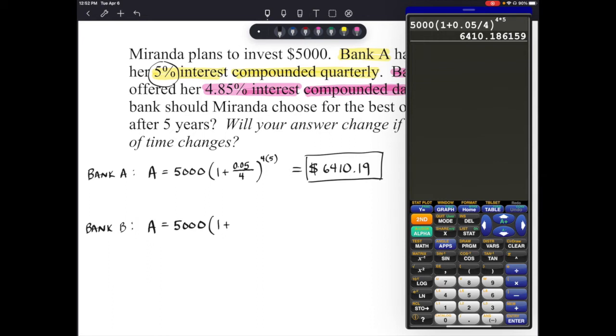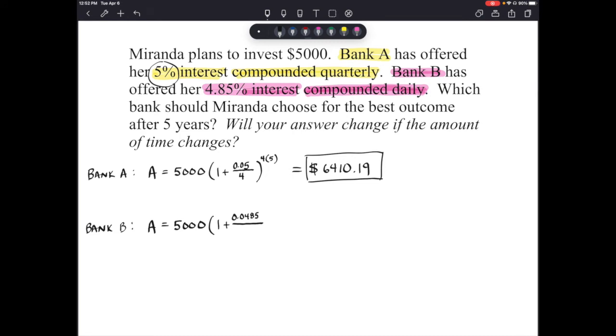So the interest part of it would be 0.0485, and we're going to be dividing it by 365, because they're going to compound it each day. So we're breaking that interest into 365 parts. And then it's going to compound 365 times over the course of each of those 5 years.